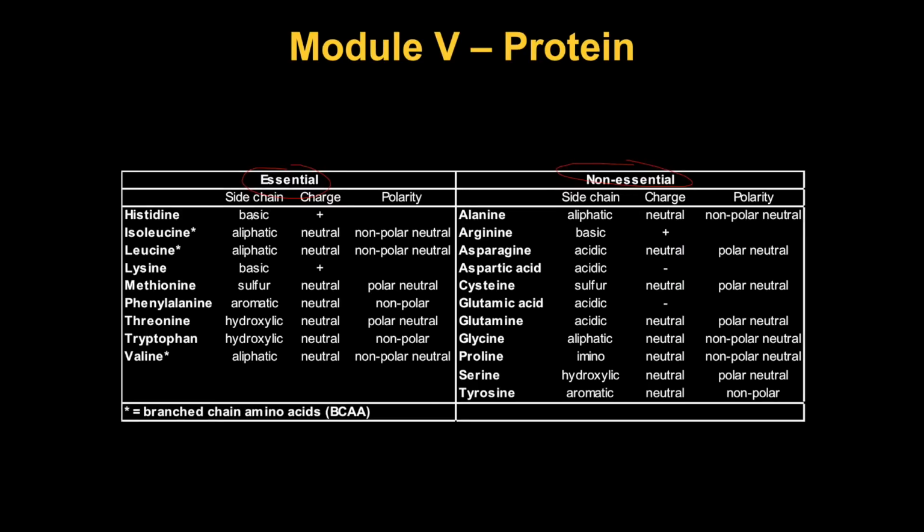And we can then subdivide that based on its side chain, the charge that it contains, and the polarity that it contains. And we do this both for essential and non-essential amino acids. This little footnote here with the stars just means that isoleucine, leucine, and valine are the branched chain amino acids, which we'll talk about later on in the course, and which have implications for athletic performance.